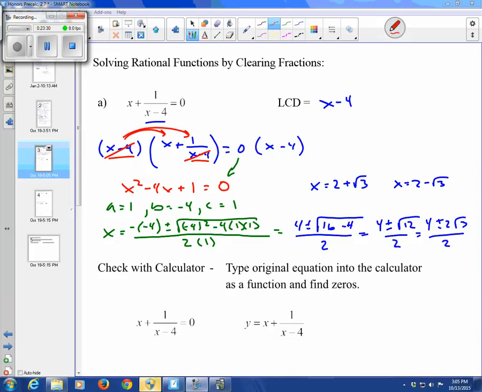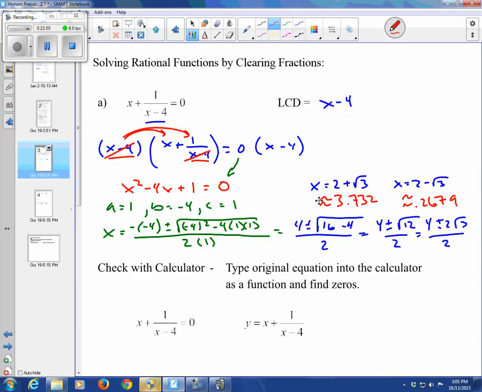Now we can say that these solutions would be approximately 3.732, and this guy approximately 0.267, we'll call it 9.